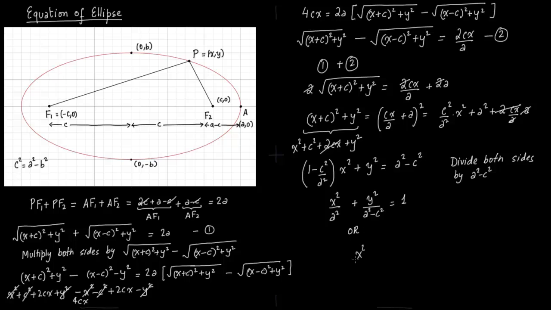Or you can say x square by a square plus y square by b square is equal to 1. Now this follows because c square is equal to a square minus b square. Therefore b square is equal to a square minus c square, and that is the substitution we make.